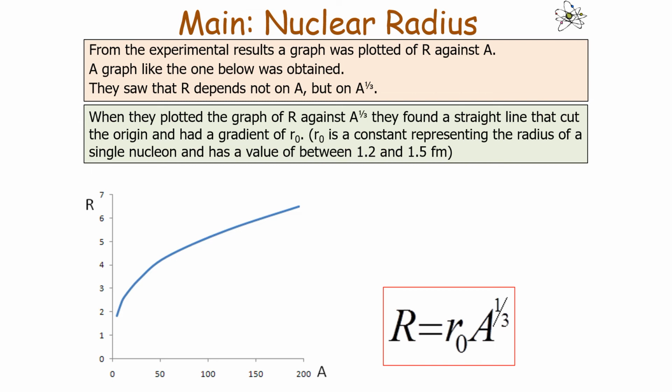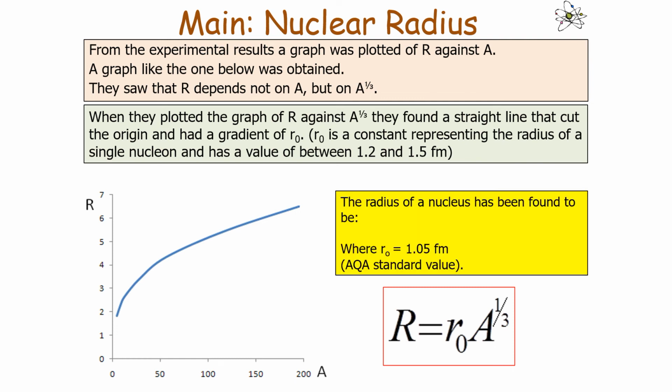So the equation we've got to learn is that the nuclear radius R is equal to our constant r0 times A to the power of a third, where A is the mass number of the nucleus. For AQA examinations our standard value for r0 is 1.05 femtometers, where a femtometer is 10 to the minus 15 meters.